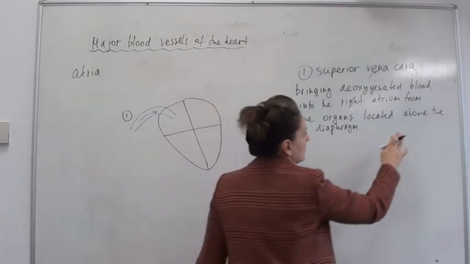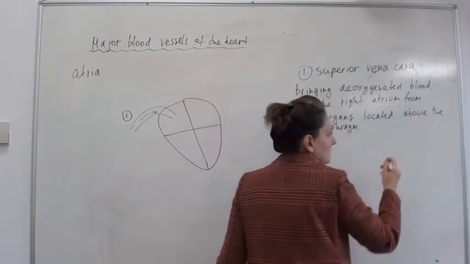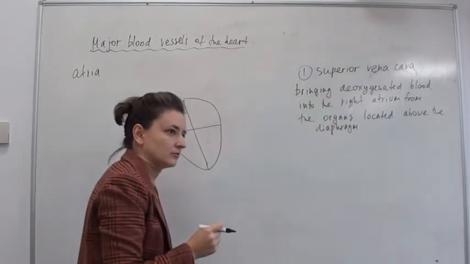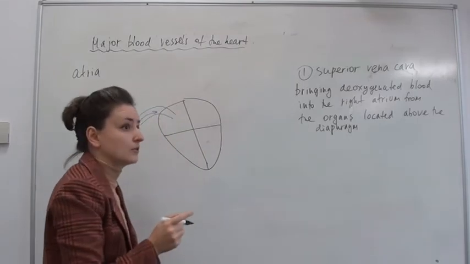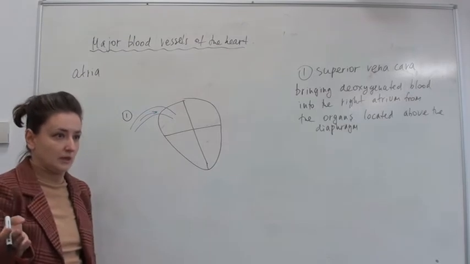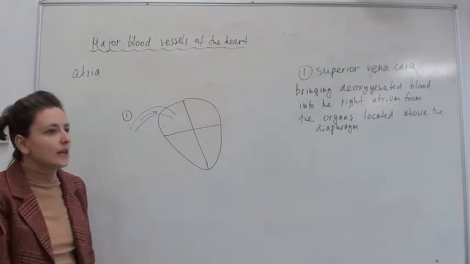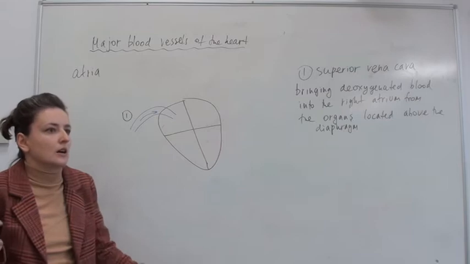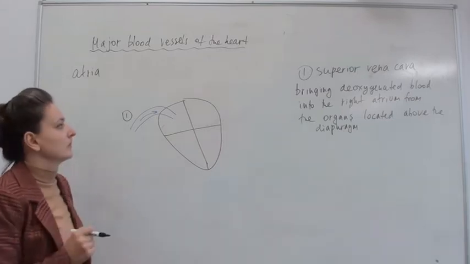Now, when I'm talking about organs located above the diaphragm, does that include lungs? Yes or no? No, exactly, right? Because remember, it's bringing blood from the rest of the body, which means everything other than lungs. So it means things like your brain, your eyes, your ears, your arms, your hands, etc. Okay.